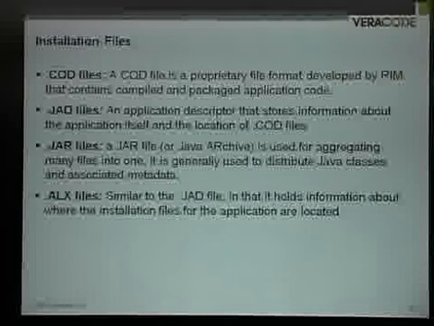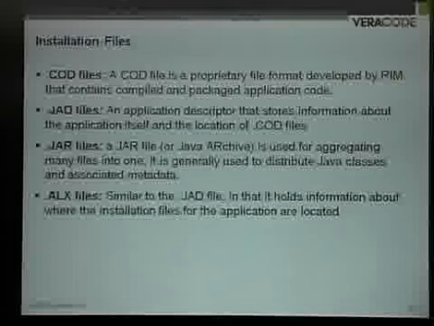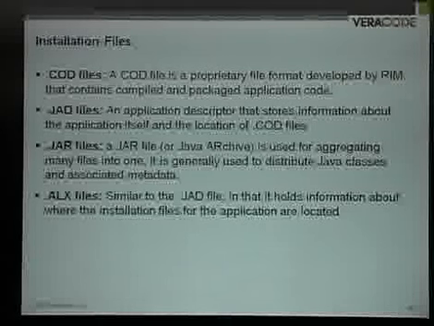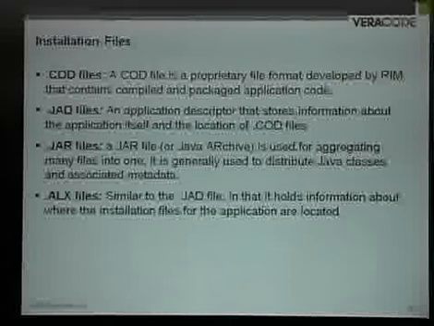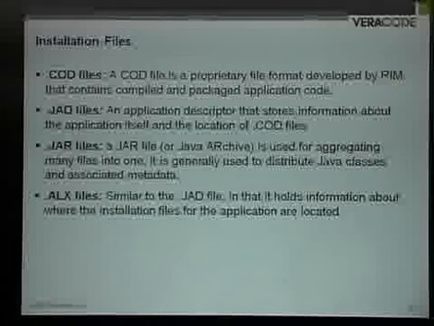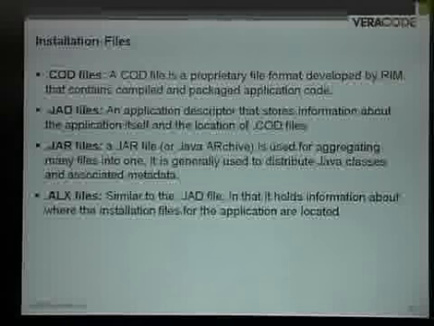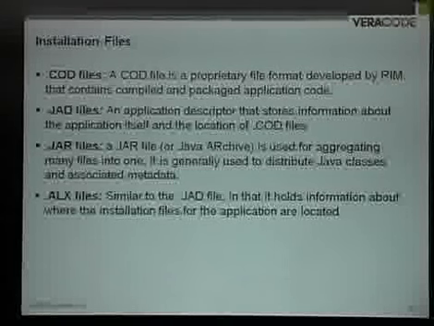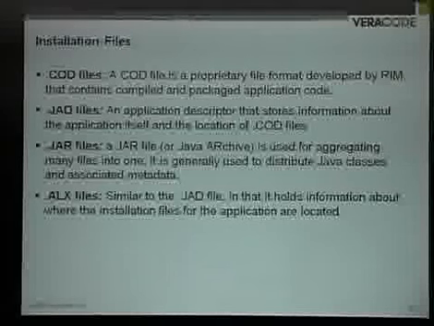So the installation files themselves are the code files. It's a proprietary format developed by RIM. It contains the compiled and packaged application code. We have the JAD files, which is essentially a descriptor that provides pointer and metadata information about the code file, holds a URL pointer and other items. That one's required for over-the-air installation. We have a jar file, which is exactly like a Java jar file.